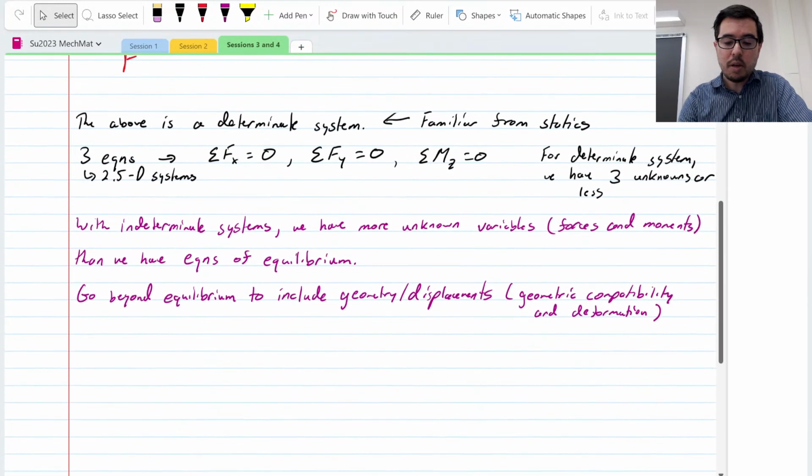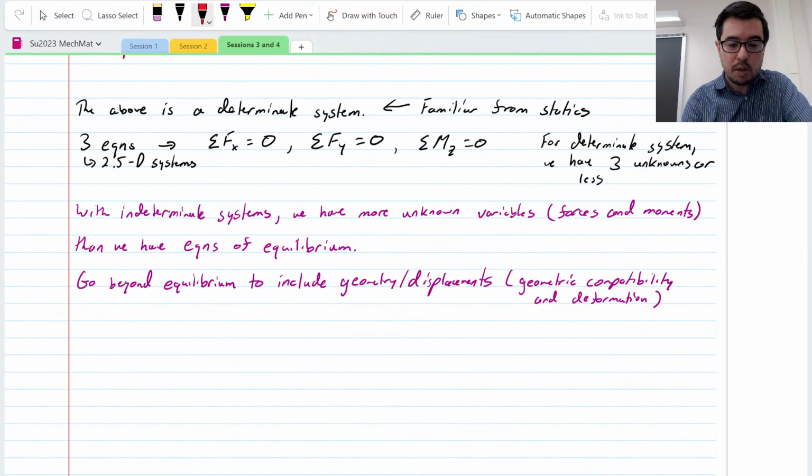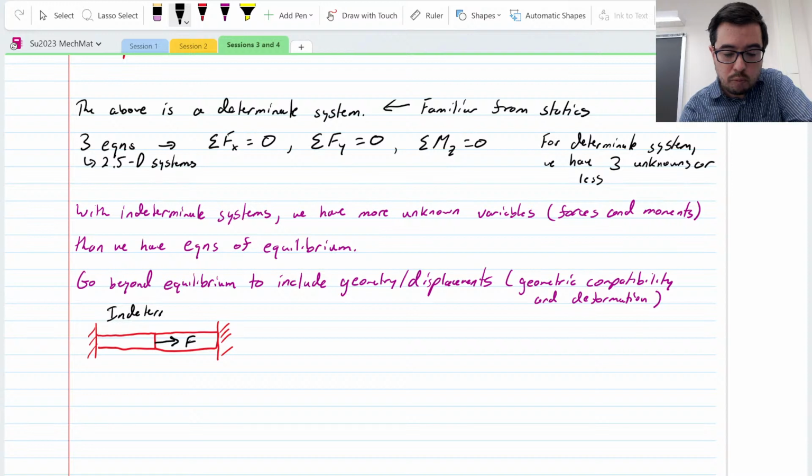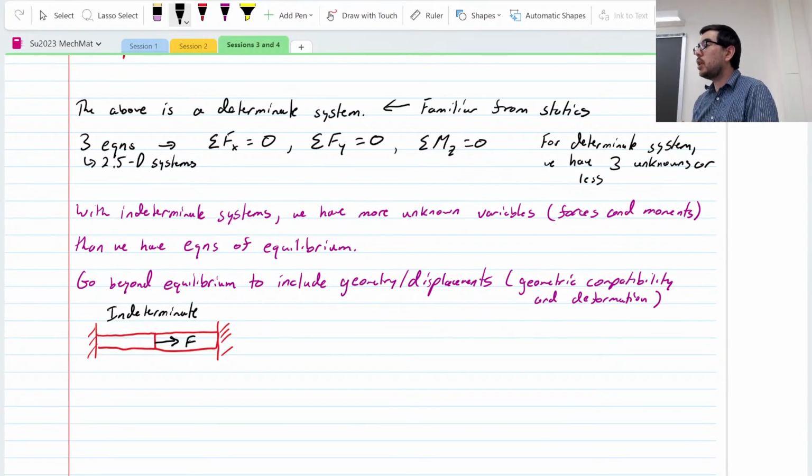In particular, you'll get an opportunity to look at this system, where there's a force being applied at the middle. This is indeterminate because we can't use a moment equation; it doesn't give us any information.